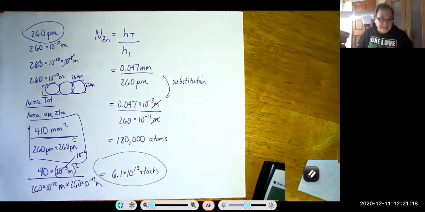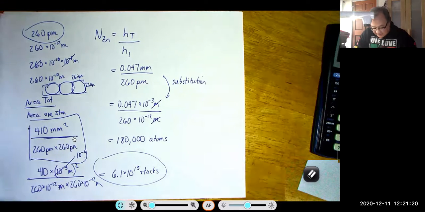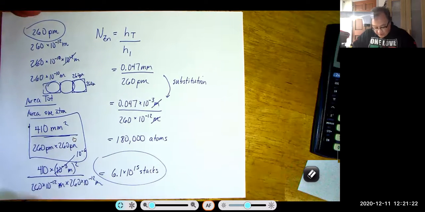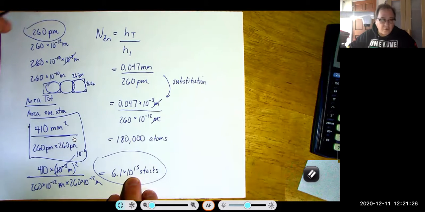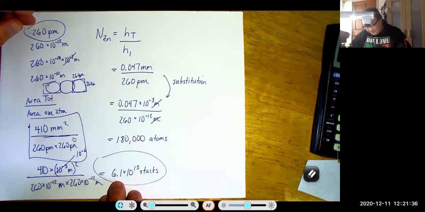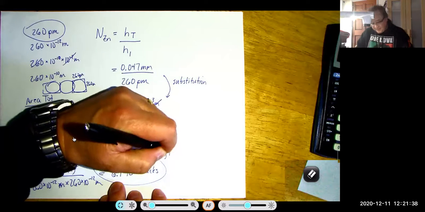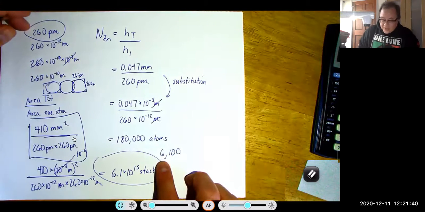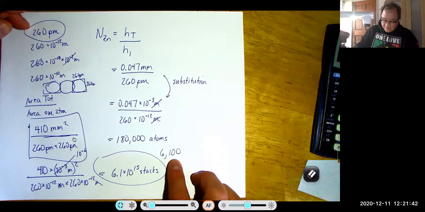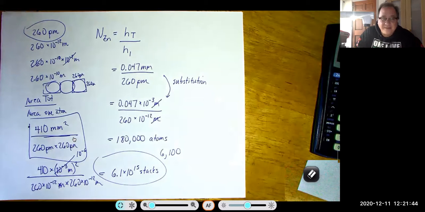10 to the 6 is a million. 10 to the 9 is a billion. 10 to the 12 is a trillion. I think 10 to the 15 is called a quadrillion, isn't it? Does anyone know? So we'll just say 6,100 trillion stacks of 180,000 atoms.